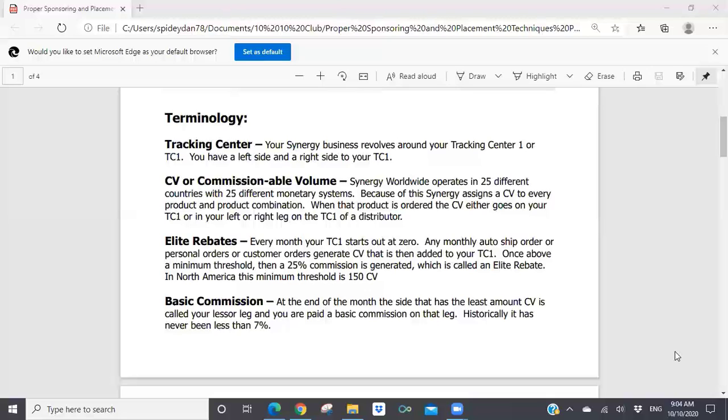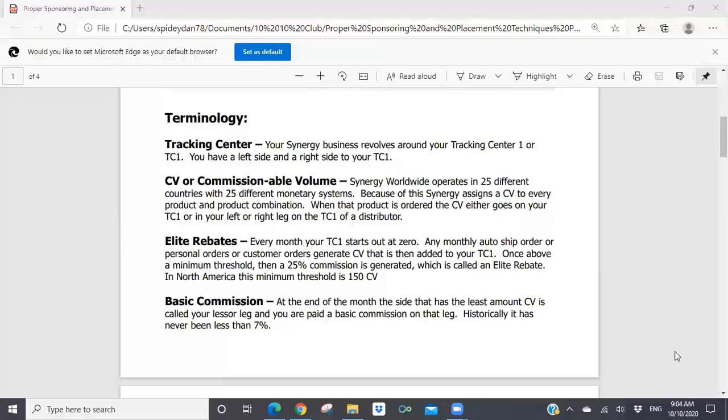So if you've got a person that you sponsored on your left-hand side and they start sponsoring people on their left and right-hand sides, although it's left and right-hand to them, it is all on your left-hand side. Same thing if you'd placed them on the right-hand side. It's important to understand that, because it's what people usually make the biggest mistake in, which I'll come to in just a little bit.